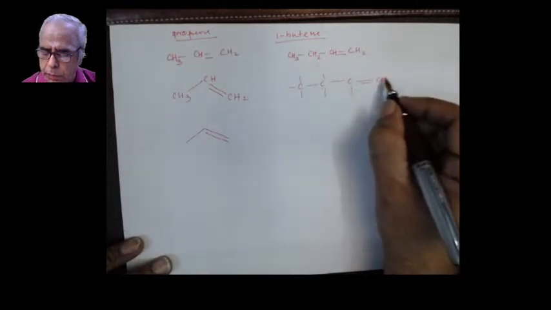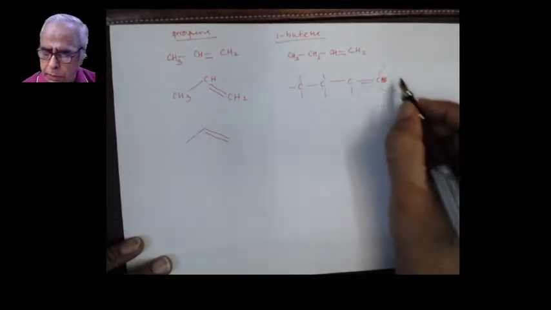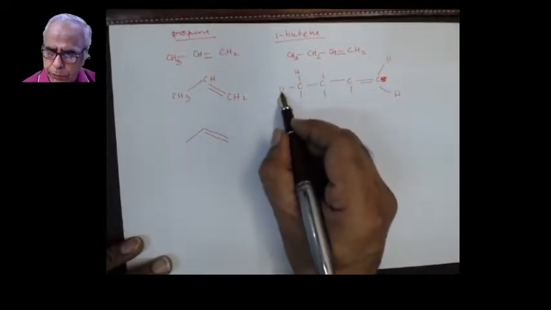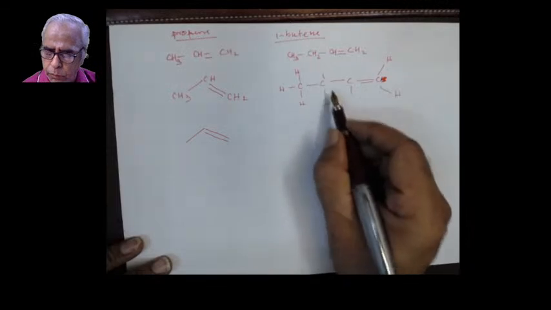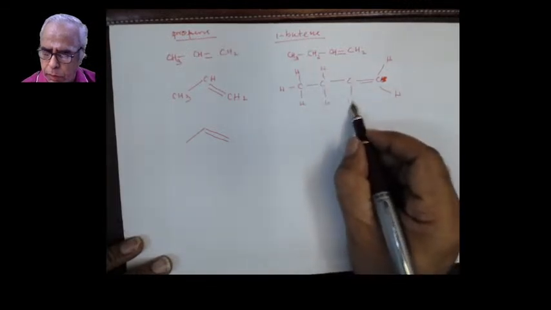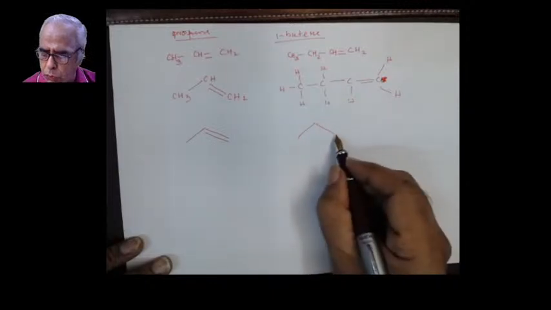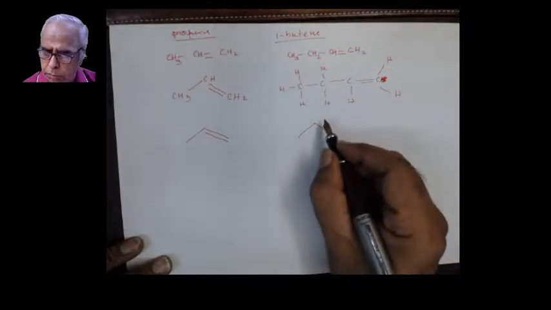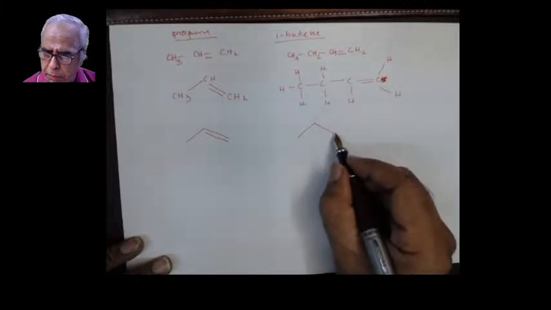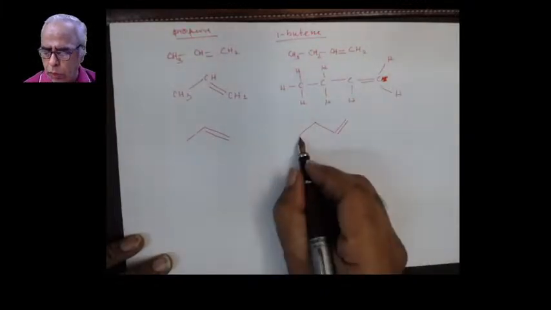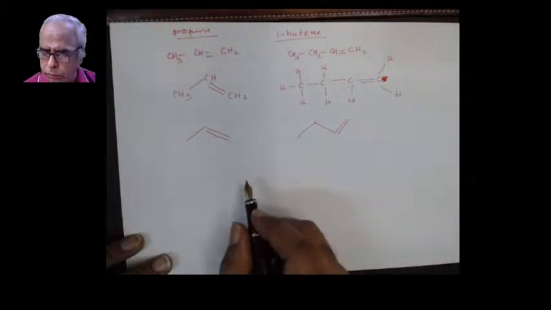You can put CH2 like this. So the bond line formula can be 1, 2, methane, ethene, propene, butene. That's all. So 1, 2, 3, 4.